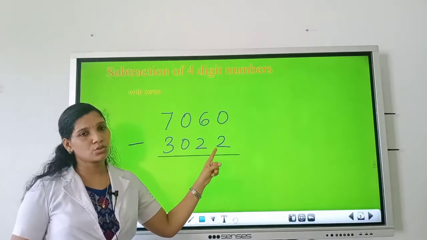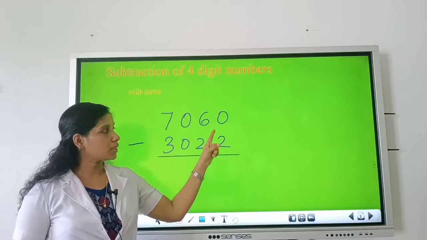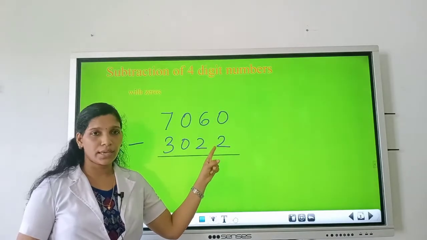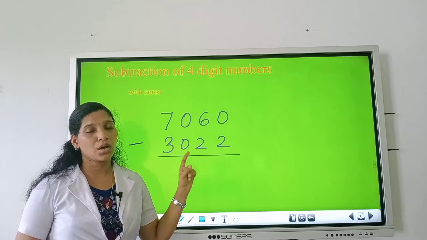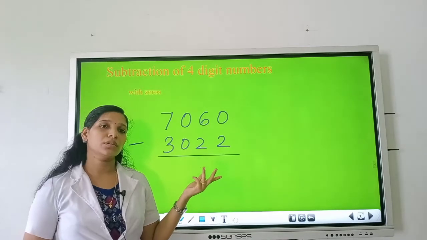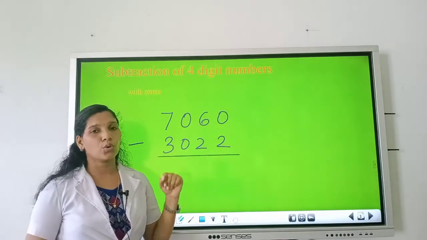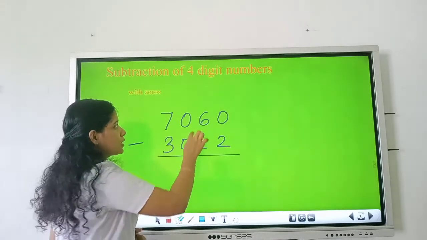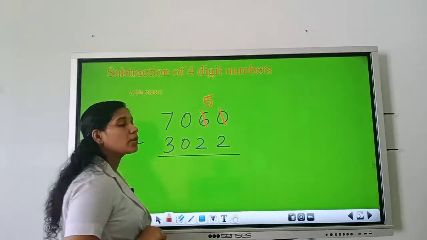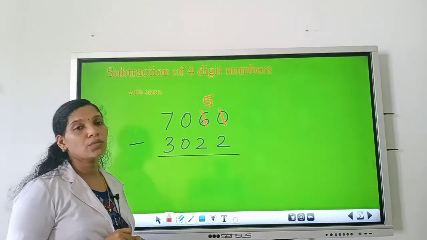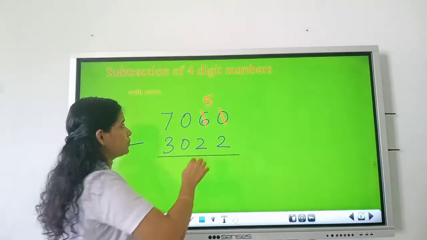0 minus 2 we cannot subtract because 0 is a smaller number than 2. So we have to borrow from the nearest place. So 6 will become 5 and 0 will become what, children? 0 will become 10.